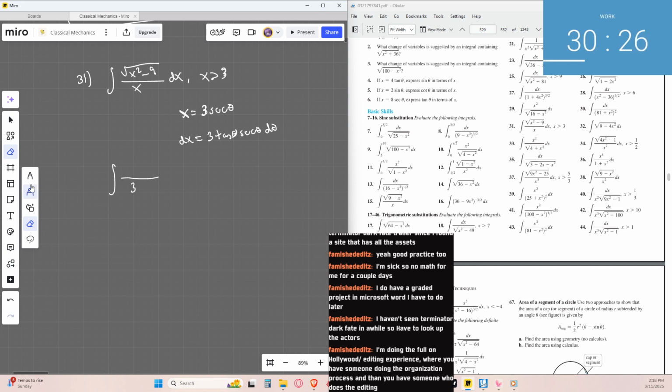doesn't look great. We do this, so it'll be 9 secant squared, and on this side we have, meaning that we have 3 tangent squared secant.